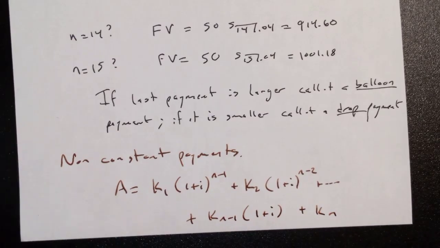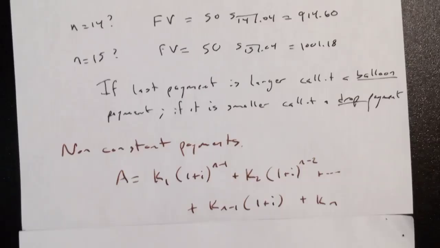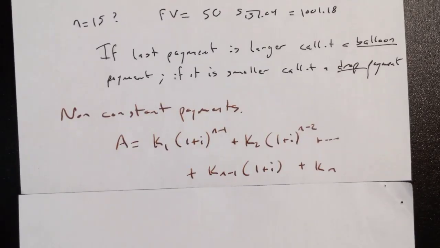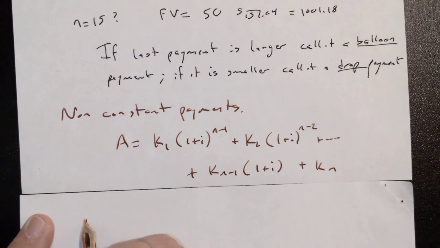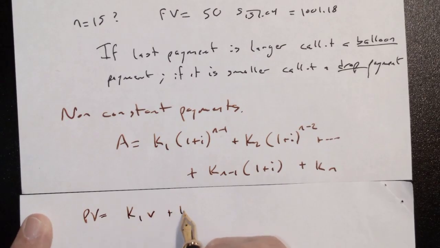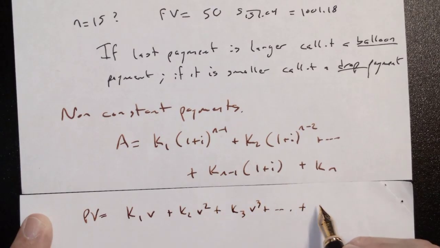In an ordinary annuity, my last payment earns no interest because it was made at the end. Where, okay, this now where the K's change. If I do the present value, I'd have that.